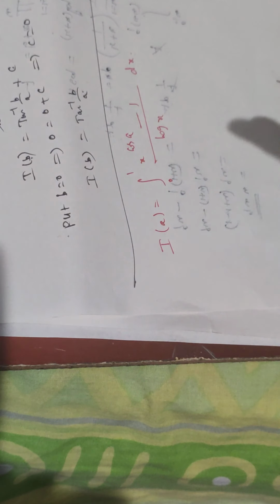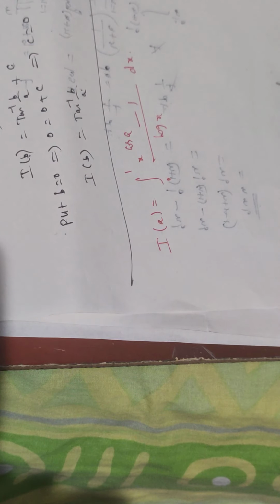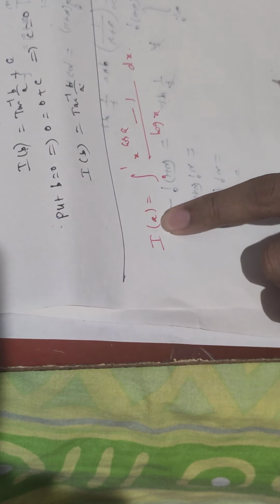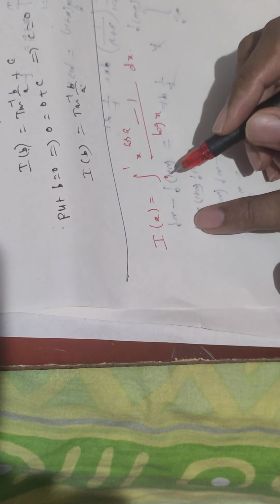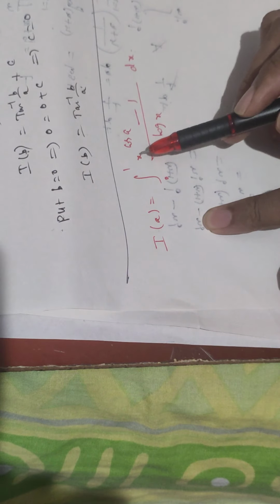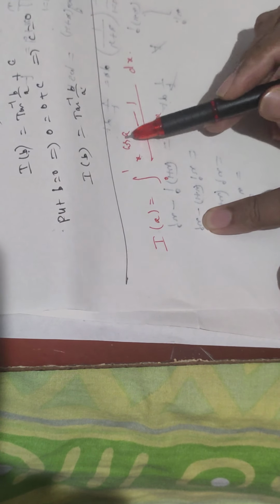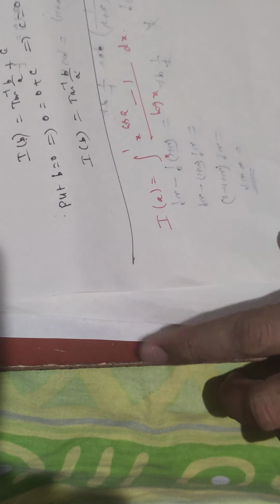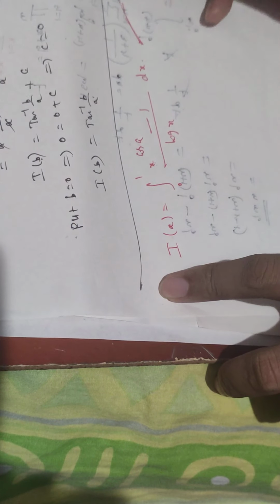So directly evaluating this integral is not possible. In that case, we have to differentiate first with respect to a. With respect to a, x is constant, then it will be the a power x form. Differentiate, we'll get I dash of a. After that, integrating again, we'll get I of a. So you can do it yourself.